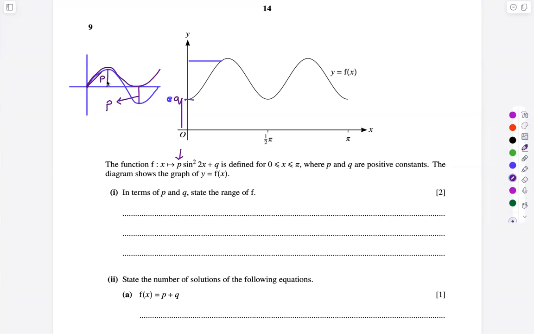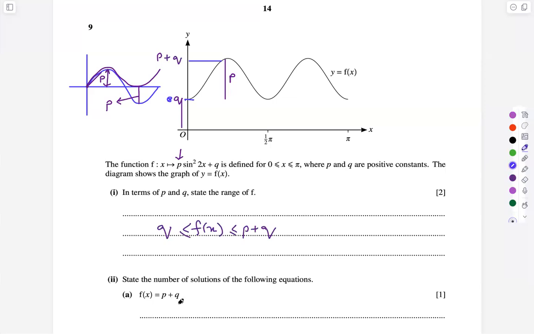And as this was p, the amplitude, the highest part will be p plus q. So f of x will be less than or equal to p plus q, and greater than or equal to q.